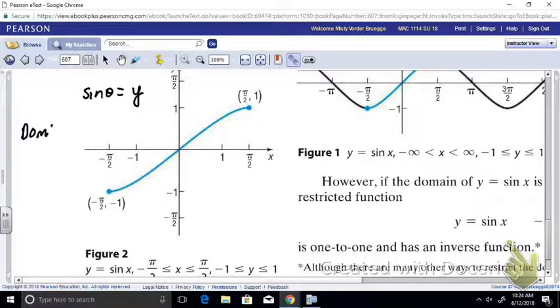In this case, what's the domain? Your x would be your x's, right? Do you guys see it's running from where? -pi/2 to pi/2. Does that make sense to you guys? And now let's look at the range. I have a reason for showing you this. The range, the y's would be -1 to what? 1. Are you guys okay with that?